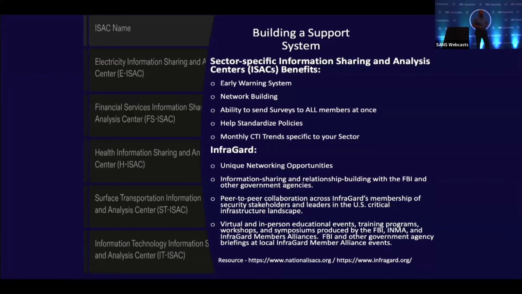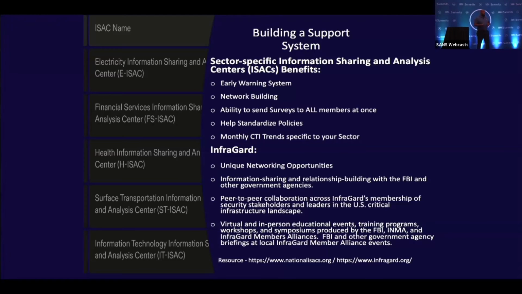The next one is InfraGard. It's fairly new to me, but it is invaluable. It gives you the chance to partner and communicate with government agencies, such as the FBI.